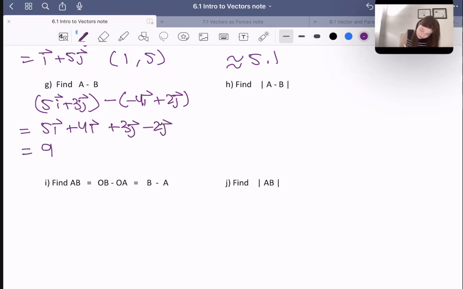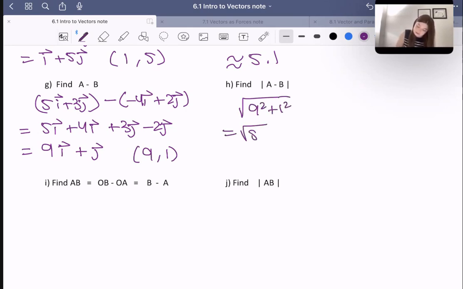So here we have 9i plus j, like that. Okay? So therefore, that's the same as 9 comma 1. So this is going to be root 9 squared plus 1 squared, which is root 82, which is going to be just a little bit greater than 9, right? So there's our magnitude. Okay?